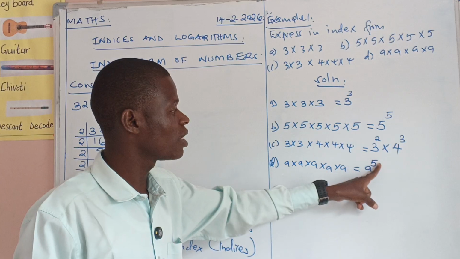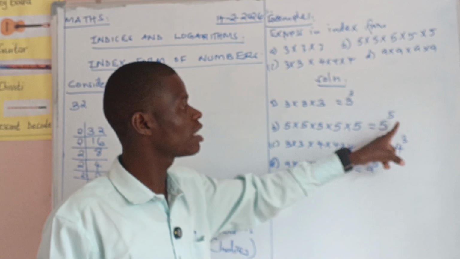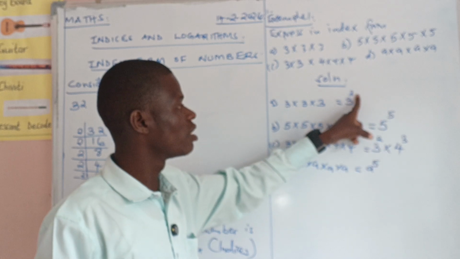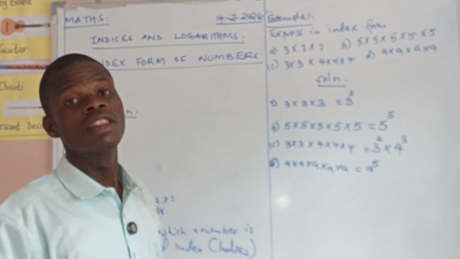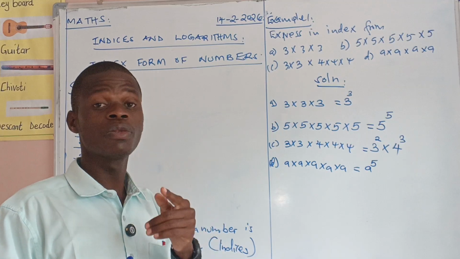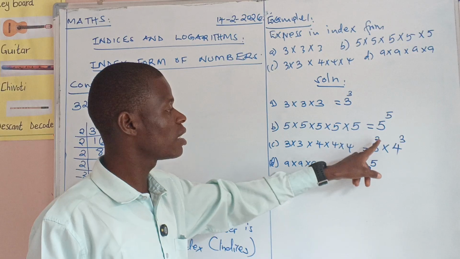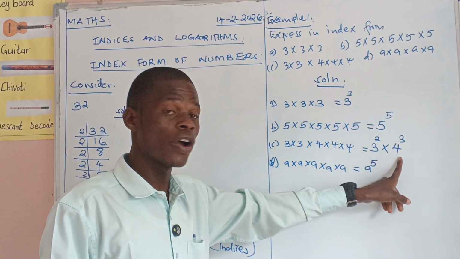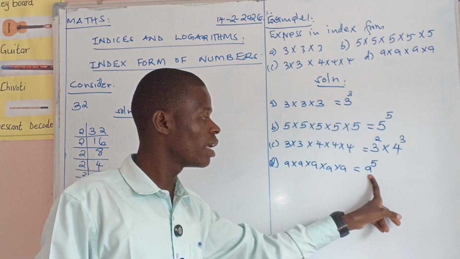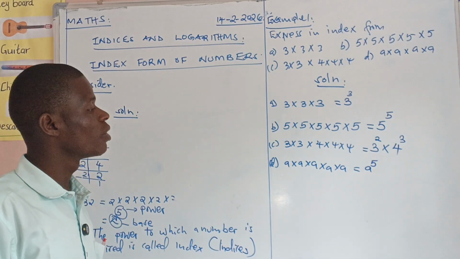So here 5 is the index, here 2 is the index, here 3 is the index, 5 is the index, 3 is the index. The number we are multiplying by itself a number of times forms the base. Here 3 is the base, here 5 is the base, here 3 is the base, 4 is the base here, and A here is the base. You have to understand that.